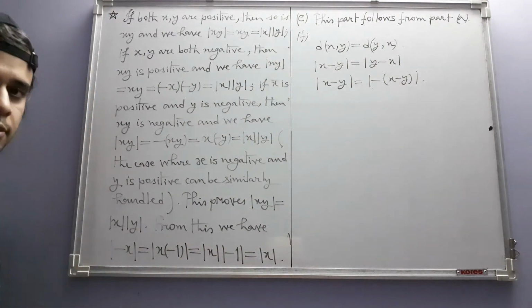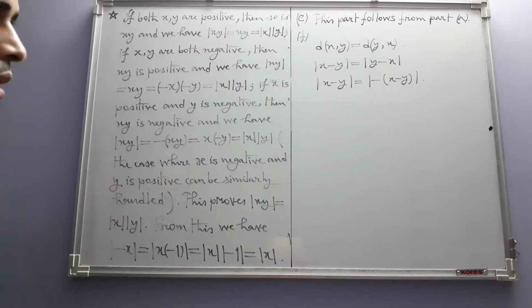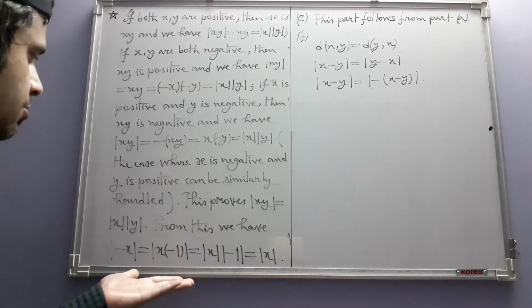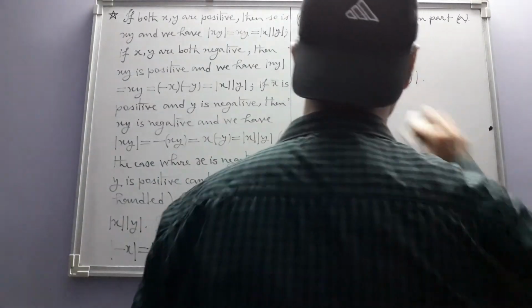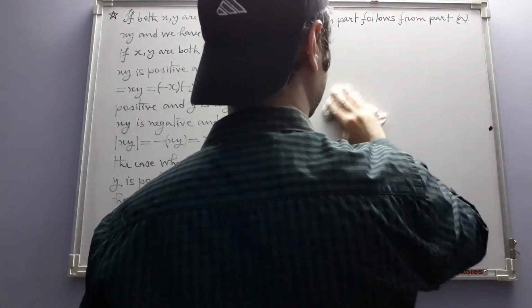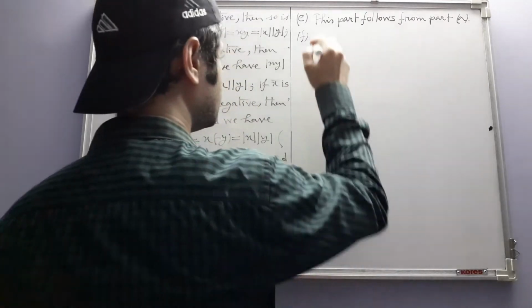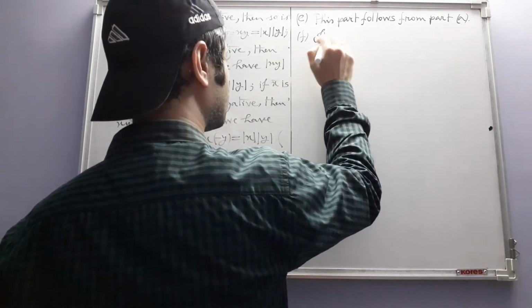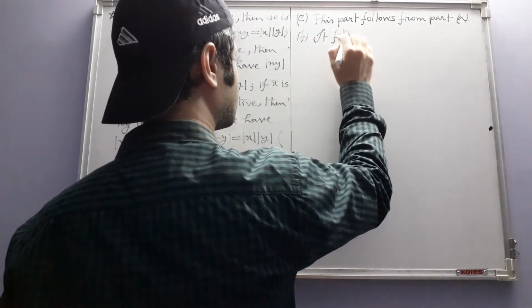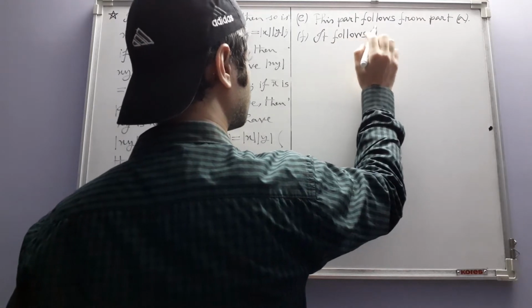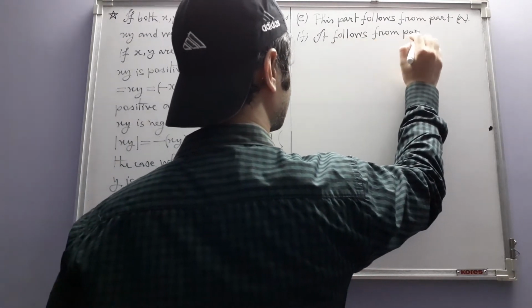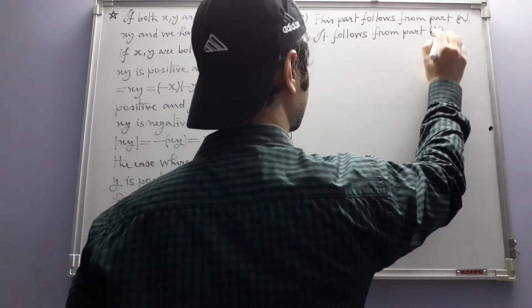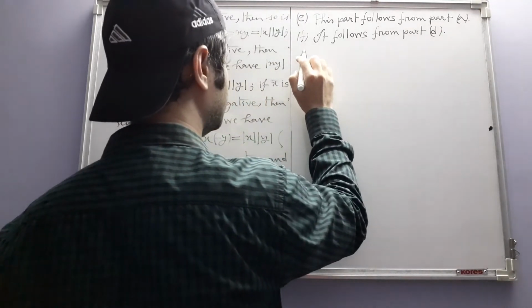Absolute value of a rational number and its negative are the same. So this one follows from part D.